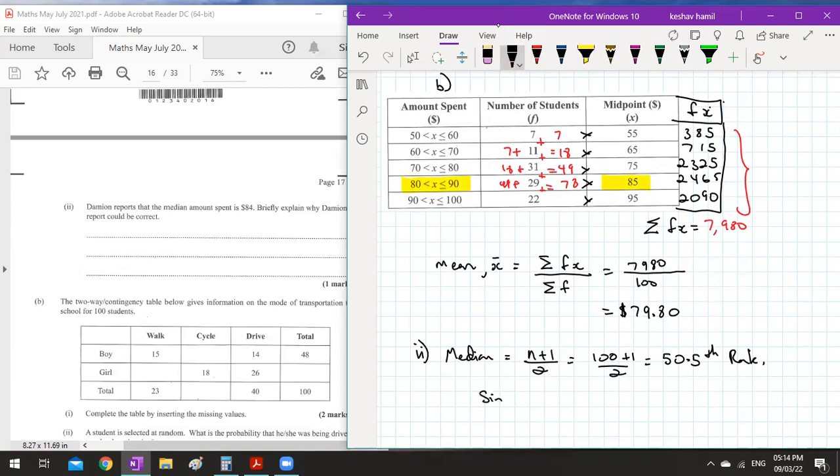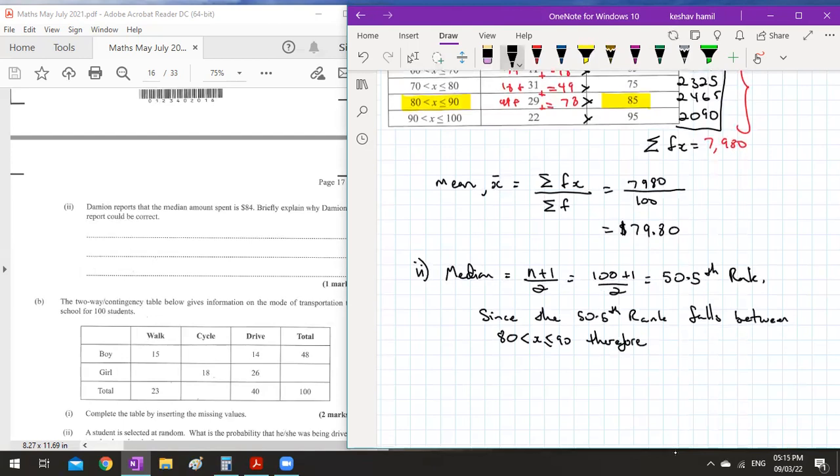So since the 50.5 rank falls between $80 and $90, we could see that Damien's report of median equal to $84 is correct.